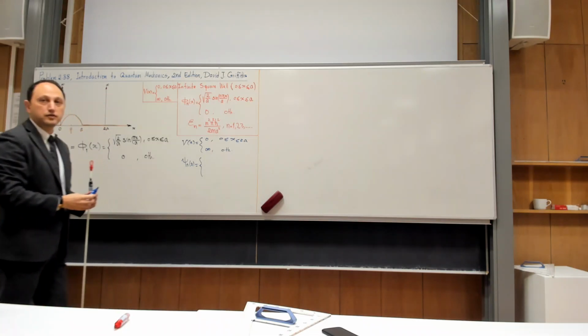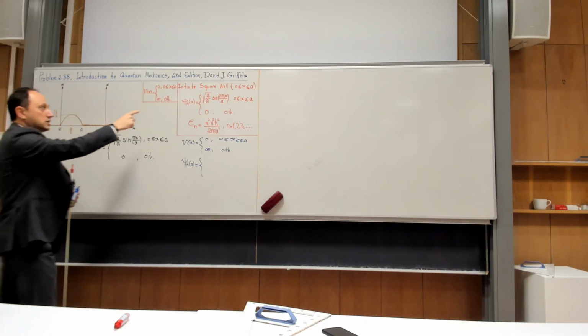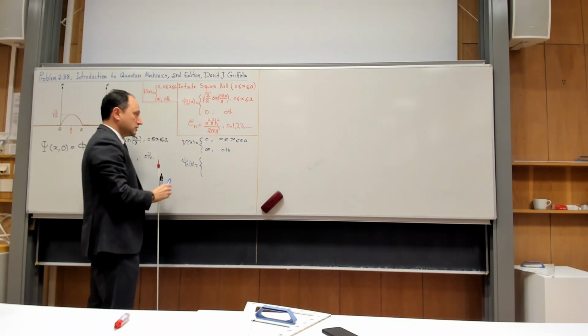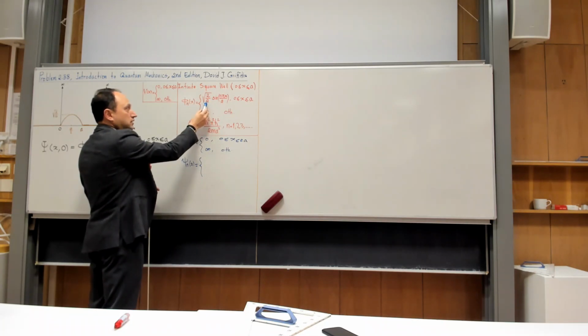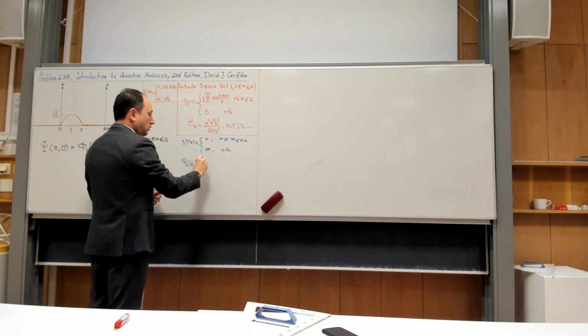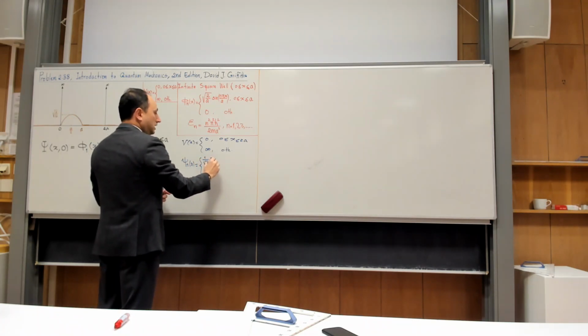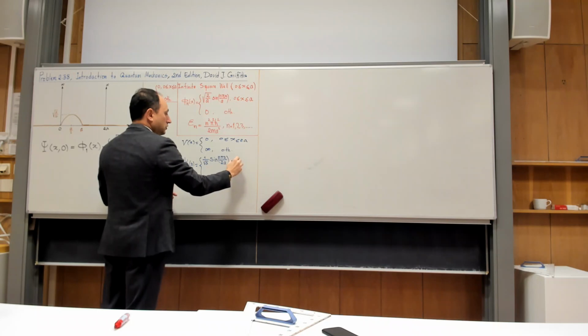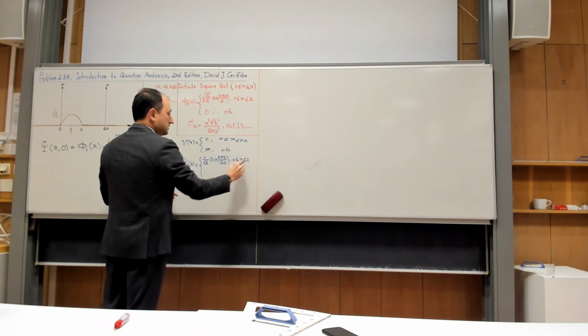The only difference is that I have to change a to 2a wherever I see a, yes? So if I change a to 2a, the 2 and 2 cancel. Then I will get 1 over square root of a, times sine of n pi x over 2a, where x is between 0 and 2a, and 0 otherwise.